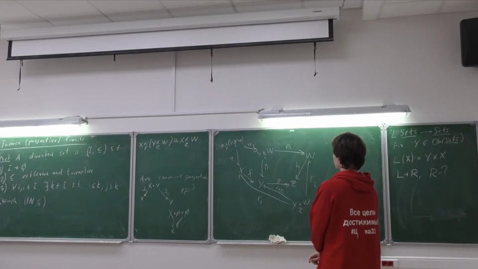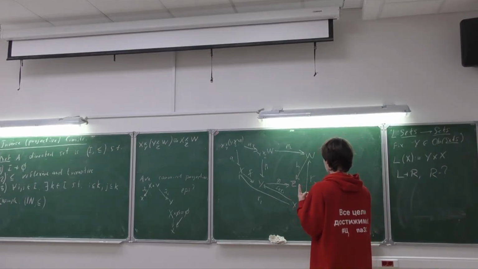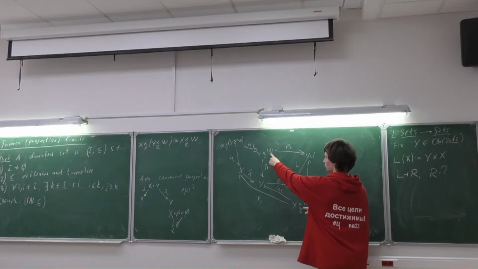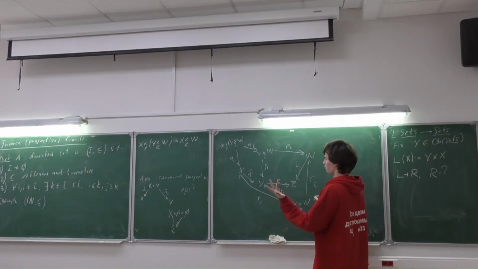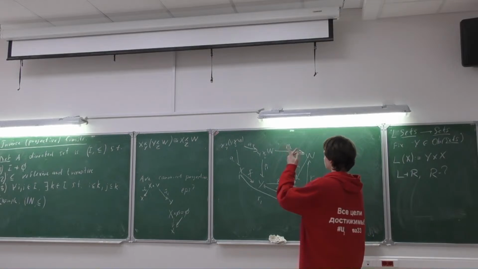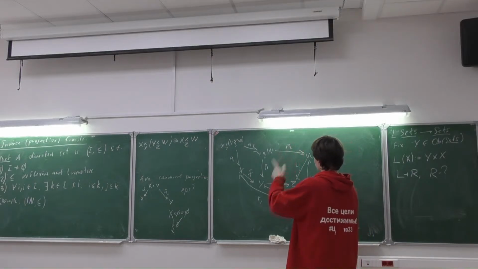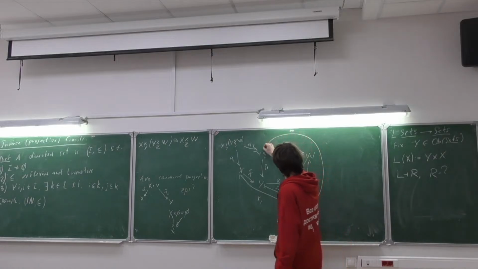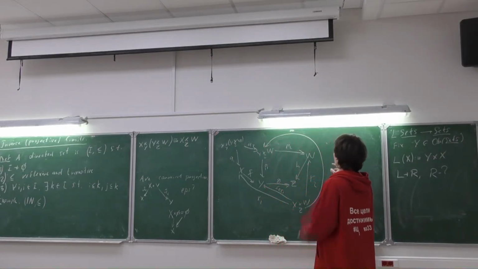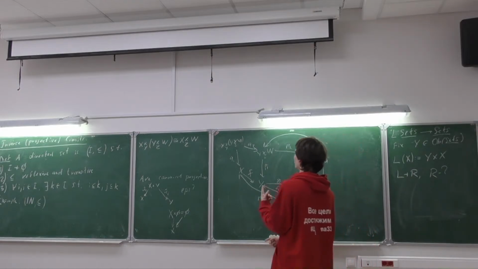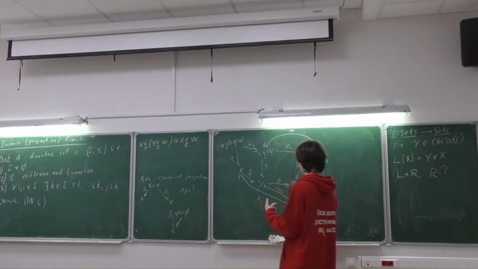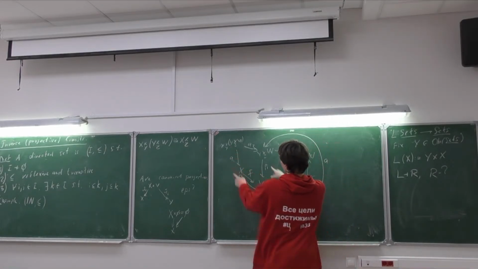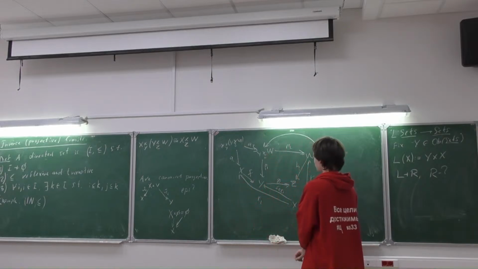So we have one and only one morphism from this to this, because this is a pullback. This one will be A. So we have one morphism from this one to this one, because this is a pullback.